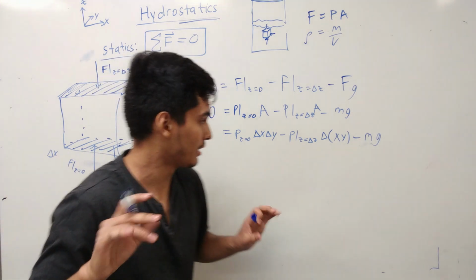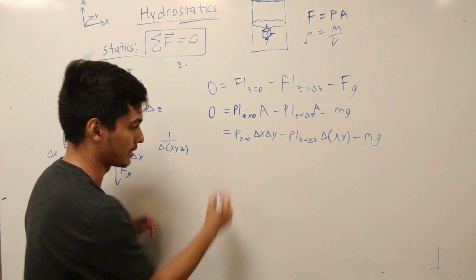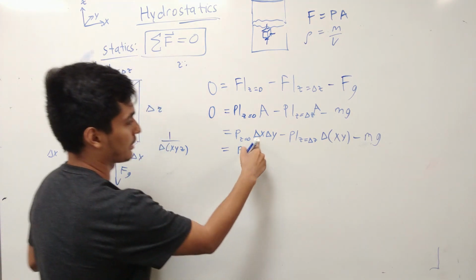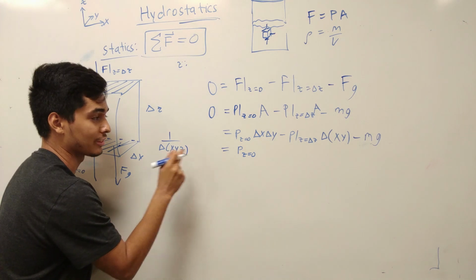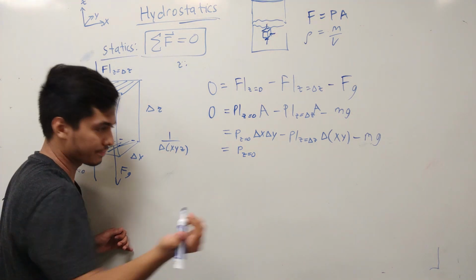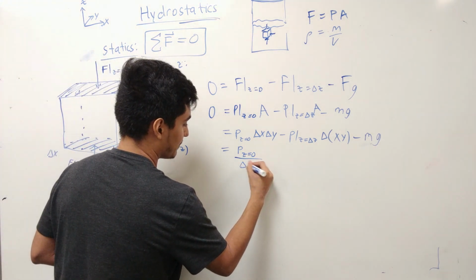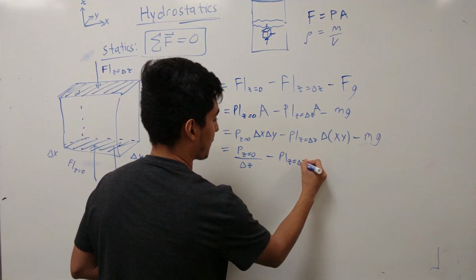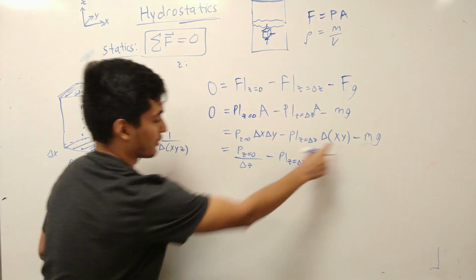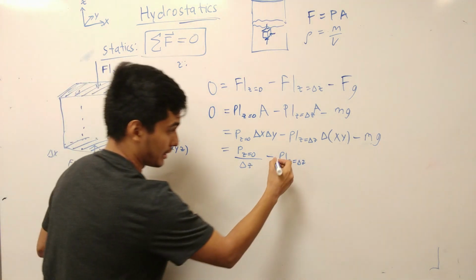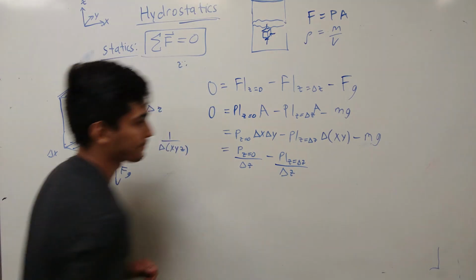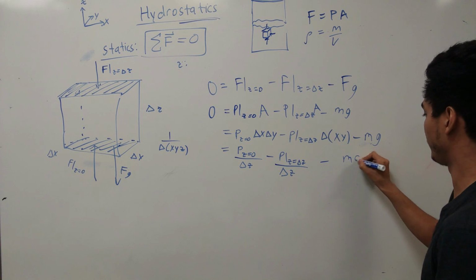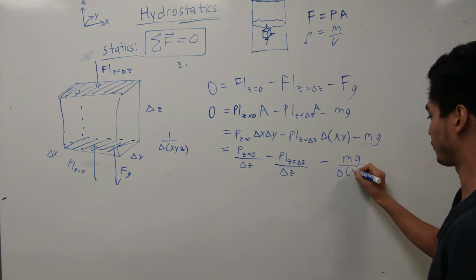I'm skipping a little bit of logic, but it's going to be p at z equals 0, delta x, delta y divided by delta x, delta y, delta z, which is going to be delta z. Then p at z equals delta z, delta x, delta y divided by delta x, delta y, delta z is also going to be delta z. Minus mg divided by delta x, y, z.